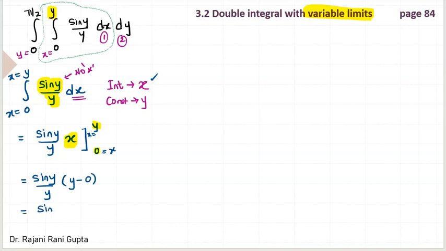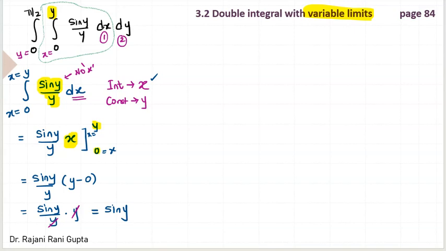This gives you sine of y over y times y. So we can cancel this y and y together, which gives us the value as sine of 1. So see, it is similar to what we did with the constant limits. Okay, exactly the same thing.